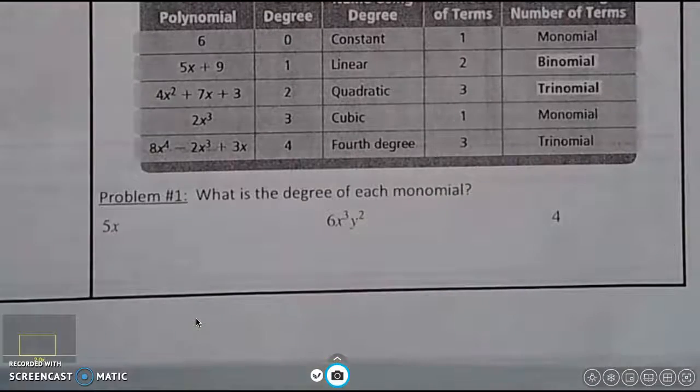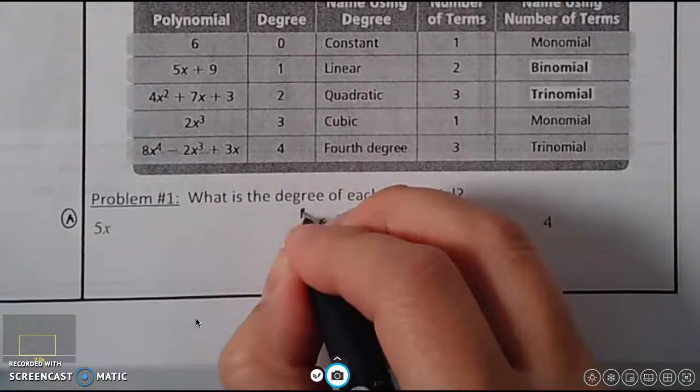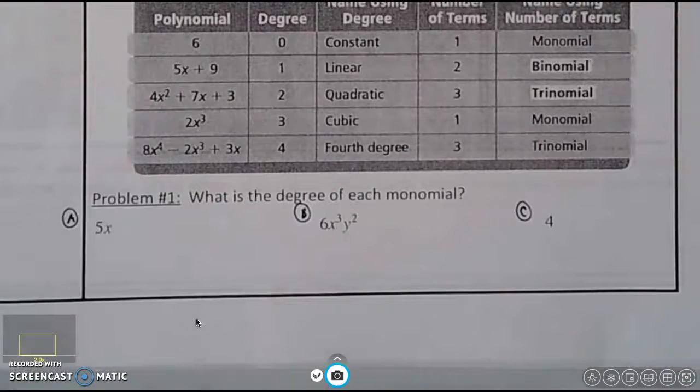Okay, I'm going to make this A, B, and C. On your whiteboards, please give me the degree of each monomial.